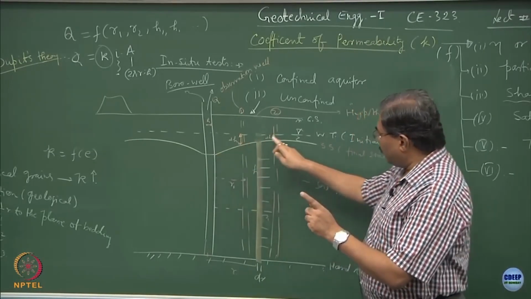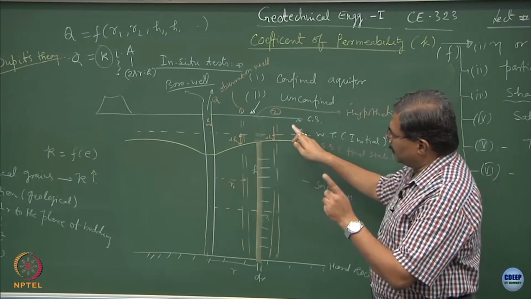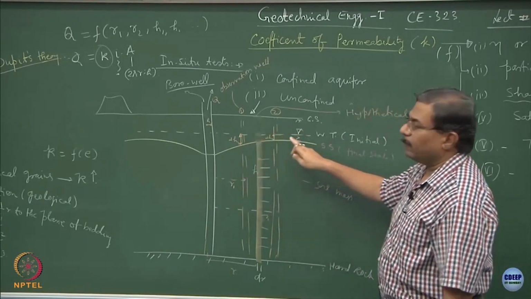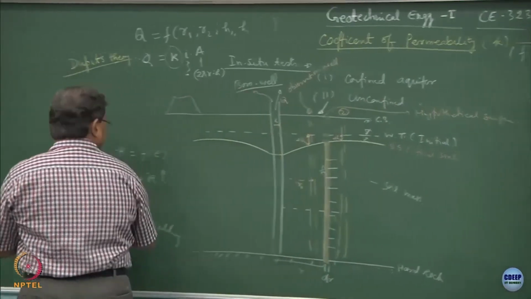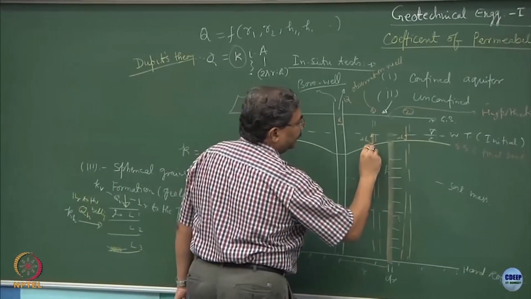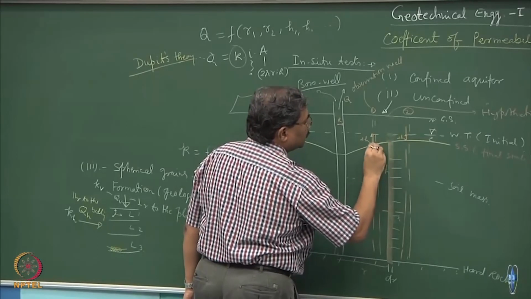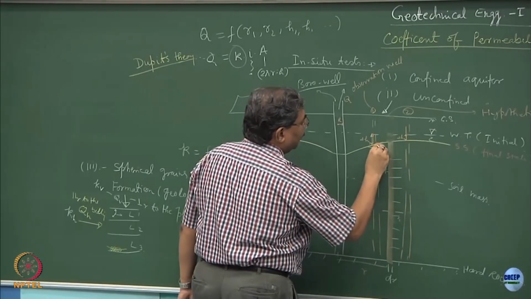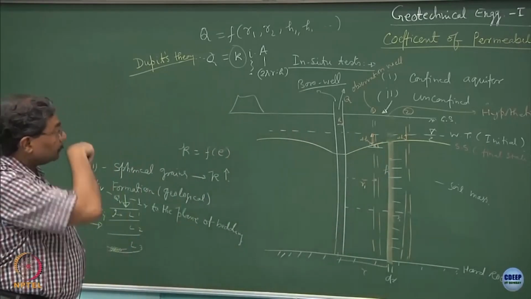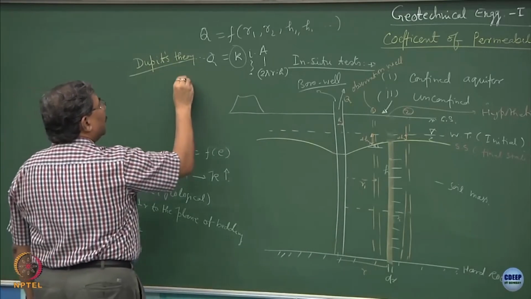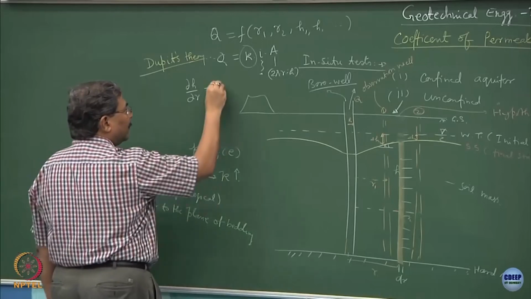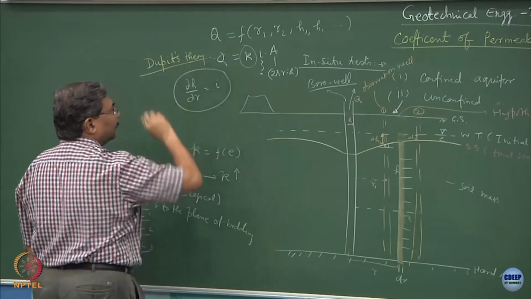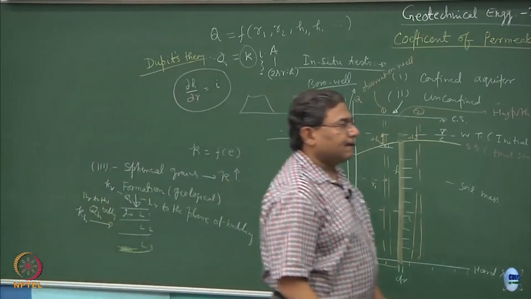So, as you go away from the well, what you will observe is Dupuit's theory is not valid because this curve flattens. Now, as per Dupuit's theory, the slope of this line corresponds to the I value. That means del H upon del R would be equal to I. Is this okay?